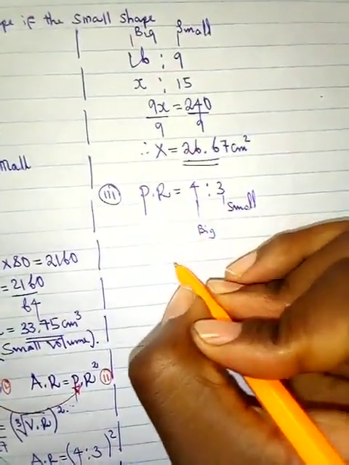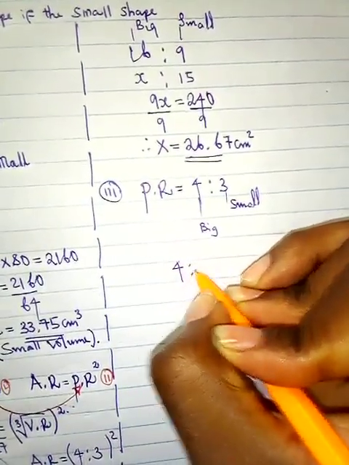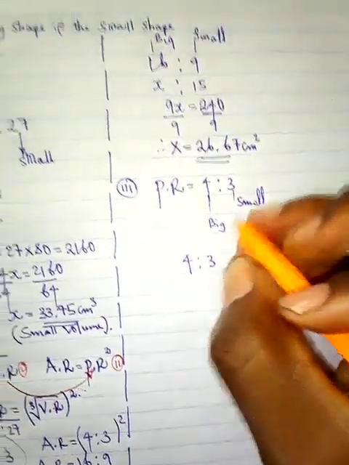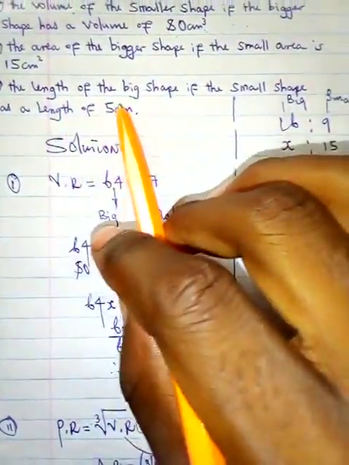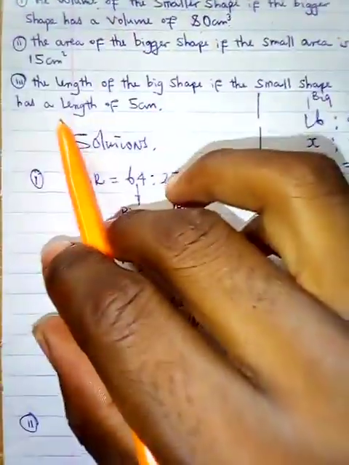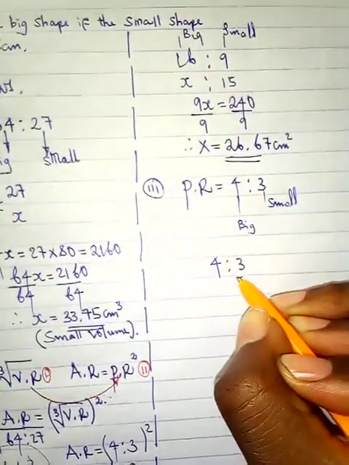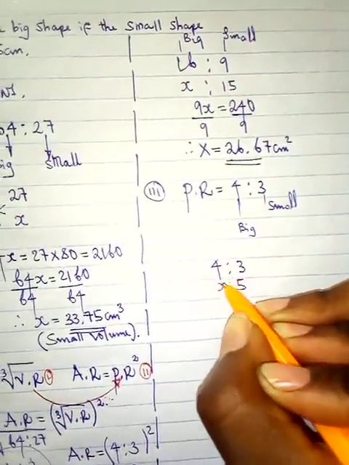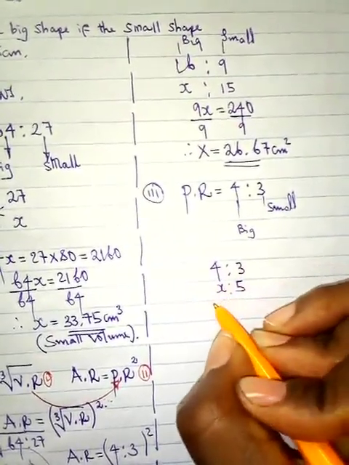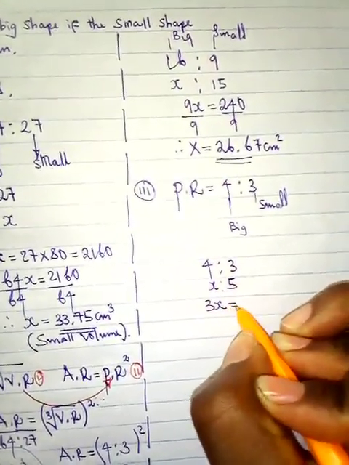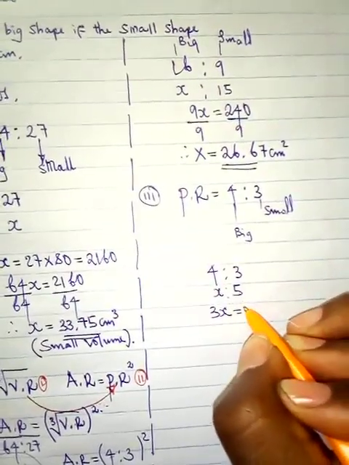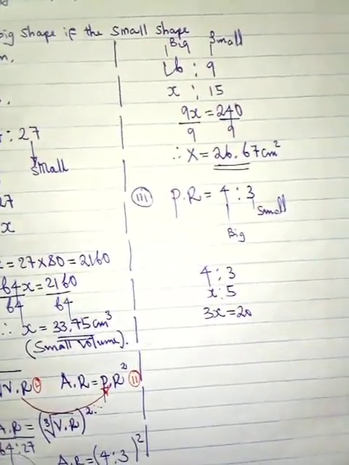And then, what have we been given? The small shape has a length of 5 centimeters. So you're just going to put 5 centimeters here. X. Cross multiply, you're going to have 3x, right? 4 multiplied by 5, then it's just going to be 20.